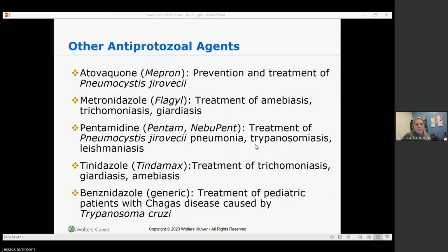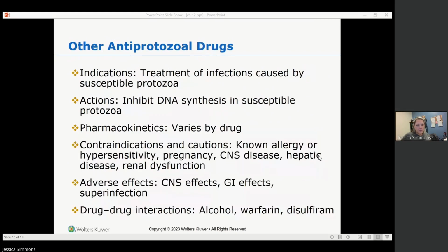I specifically want to talk about metronidazole, which is Flagyl. Metronidazole is a very commonly used medication in and out of the hospital system.